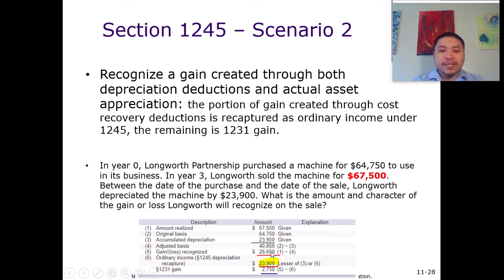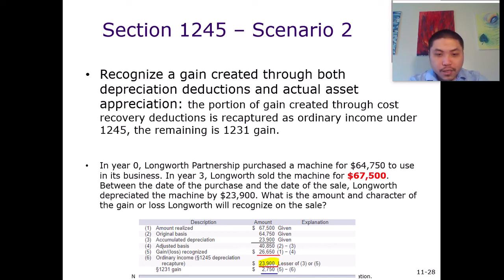So in this case, we can see this amount is greater than the accumulated depreciation, right? So that's why there are two portions. One portion is going to be generated from the depreciation, and one portion is going to be generated through the appreciation in value of this machinery.